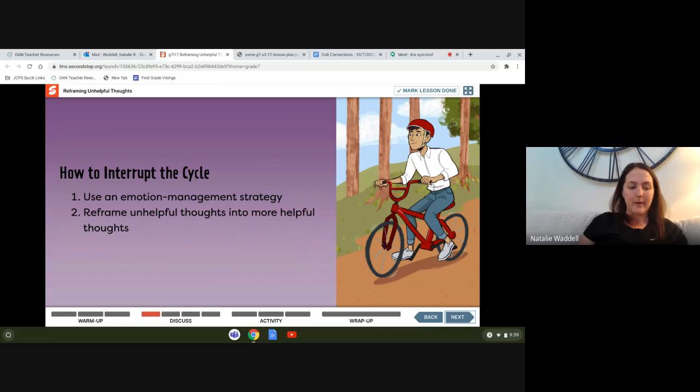We talked about that when we manage our strong emotions, our amygdala, remember that's that part of the brain that receives the emotion, our amygdala turns down our feelings alarm, and then our cortex part of the brain has time to catch up and think, and that's what helps us make those decisions. So what emotion management strategies have we already learned in our lessons that we've been doing with each other?